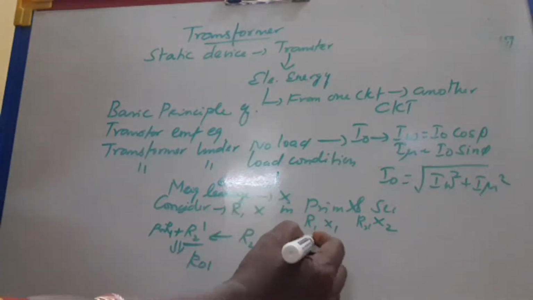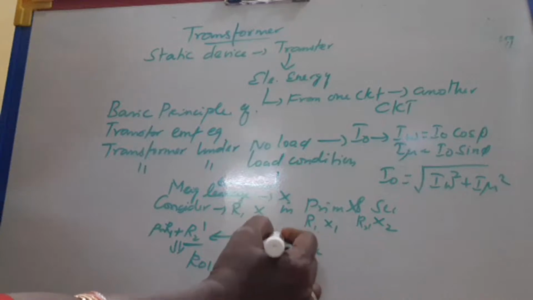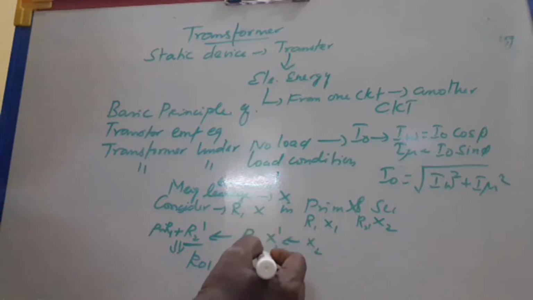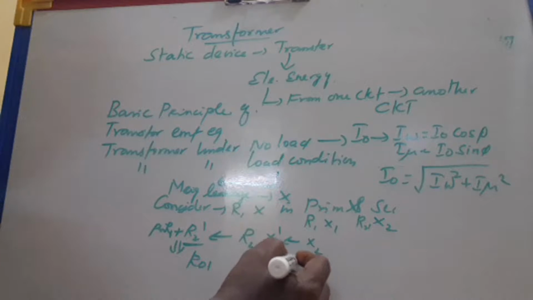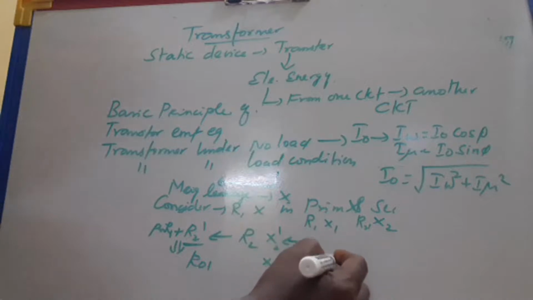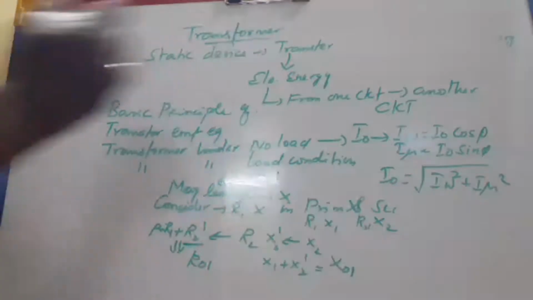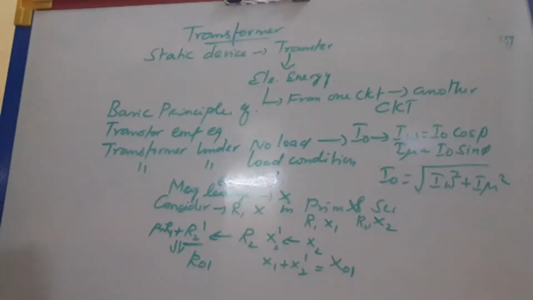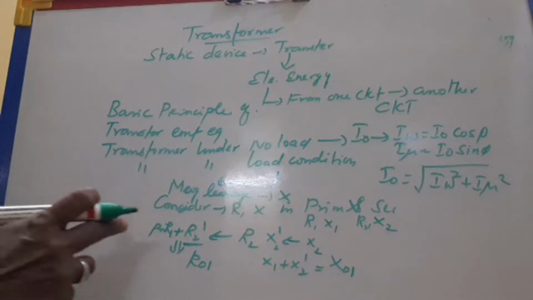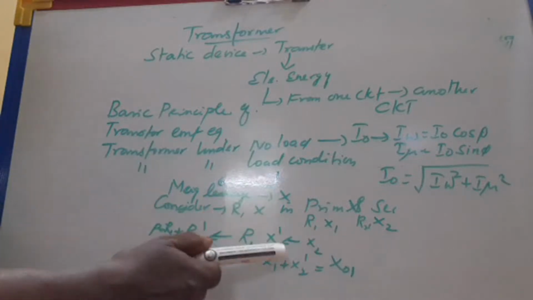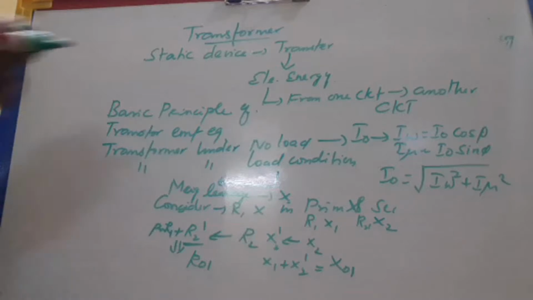Similarly, X2 is transferred to the primary as X2 dash. So the total reactance is X1 plus X2 dash, the equivalent resistance and reactance referred to primary. R01 equals R1 plus R2 dash, and X01 equals X1 plus X2 dash.